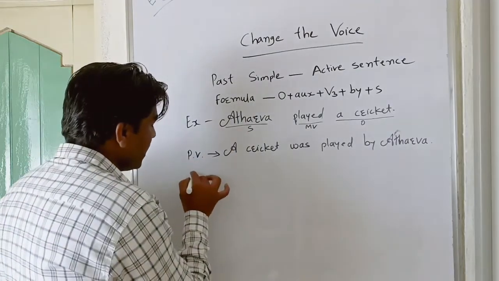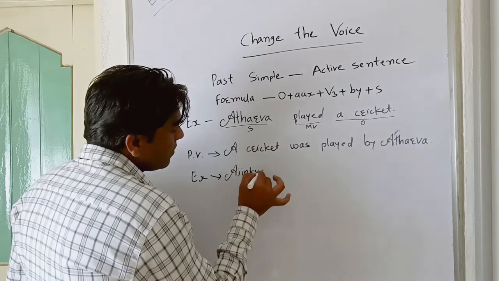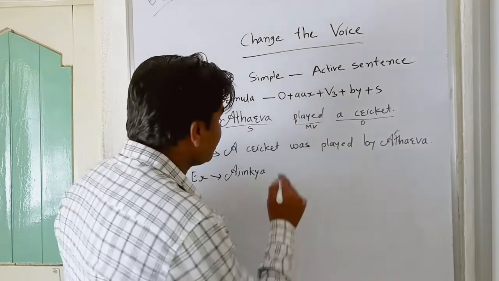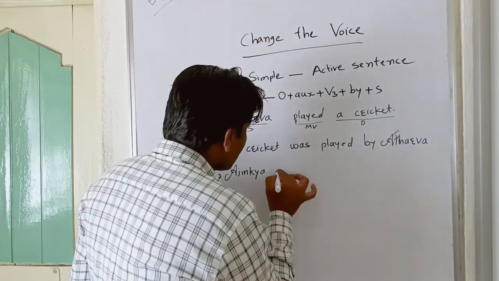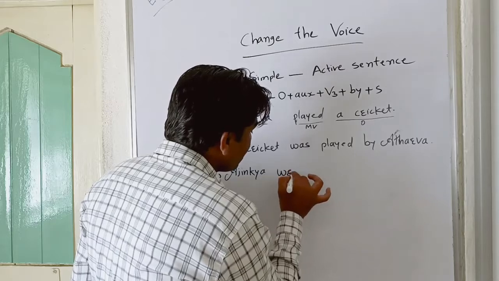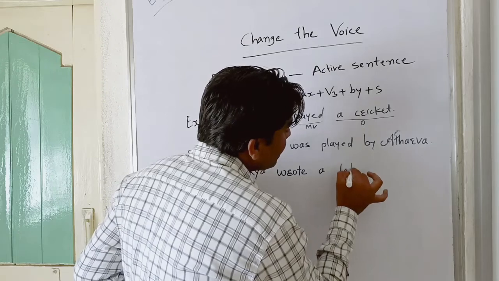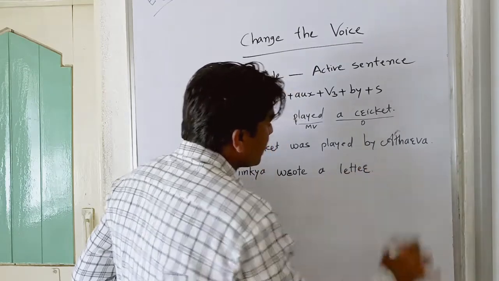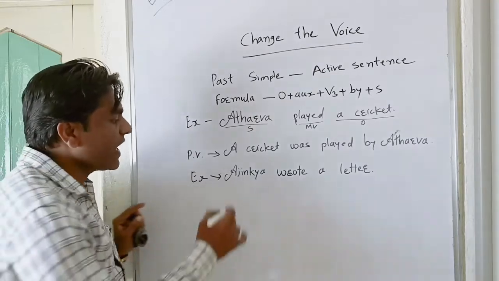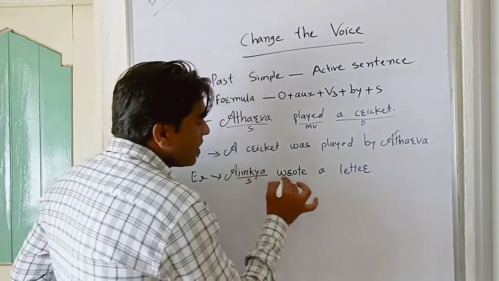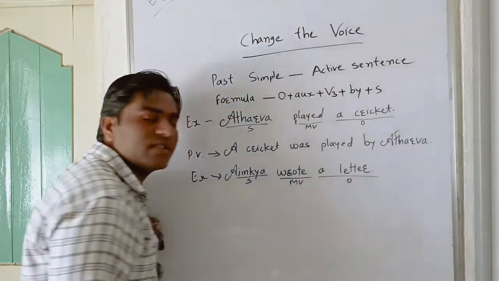Another example that we learn. Ajinkya wrote a letter. So here is the subject, here is the main verb, and it is the object of the sentence.